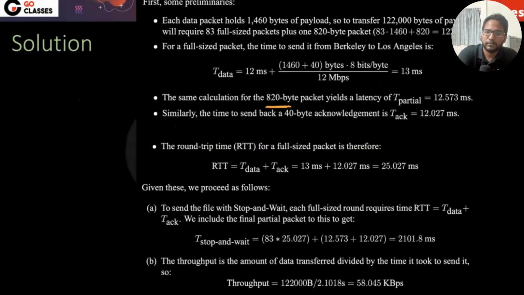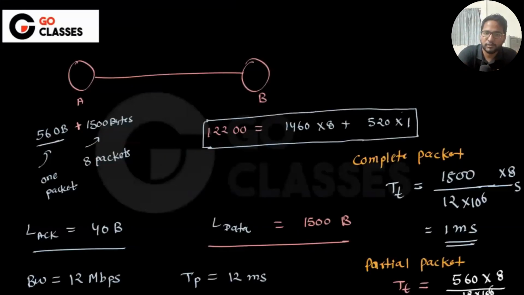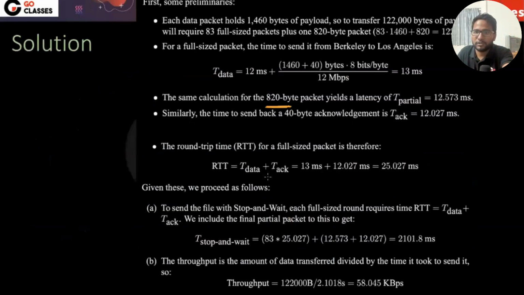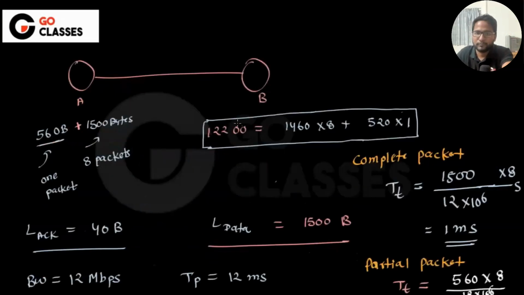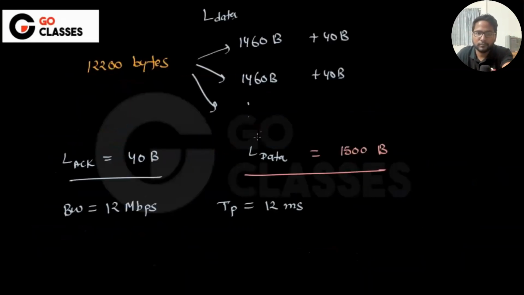Can you check it? This is just a calculation. 122, oh sorry, this is 000. Anyway, so this is 122,000, right? By mistake I have taken 00, but that is fine.